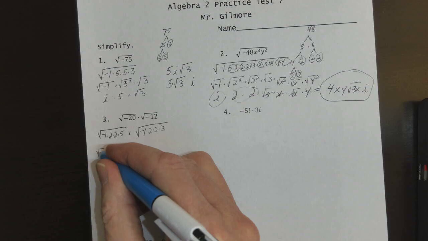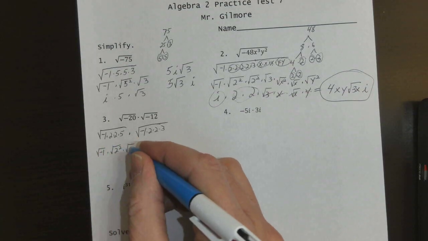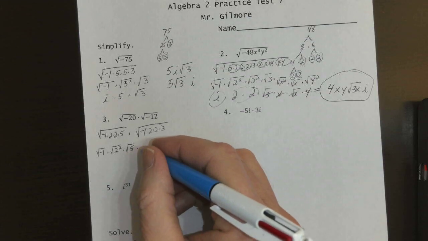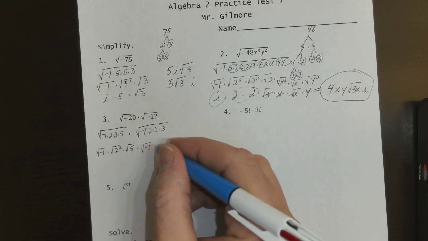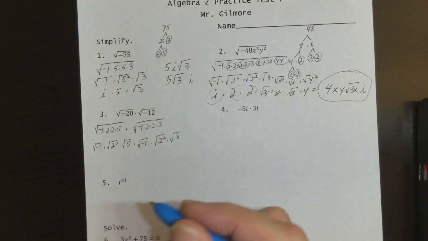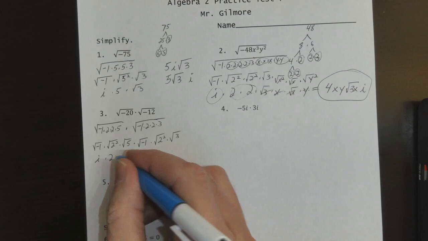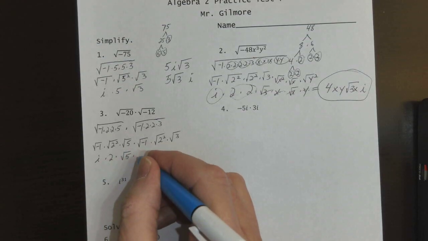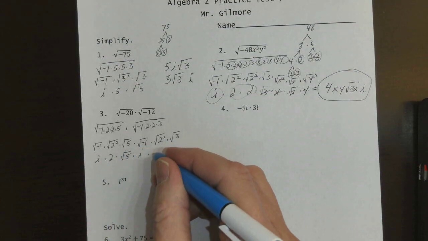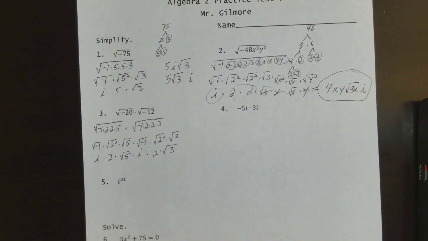We got square root of negative 1 times square root of 2 squared times square root of 5 times square root of negative 1 again times square root of 2 squared times square root of 3. This is i times 2 times square root of 5 times i times 2 times the square root of 3.